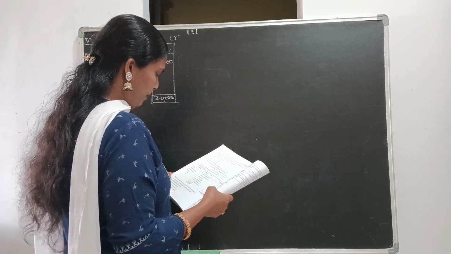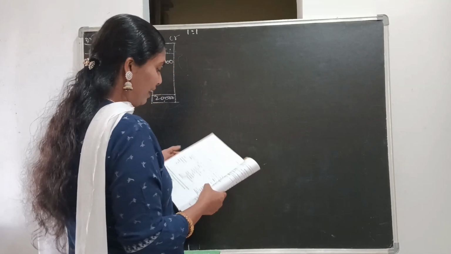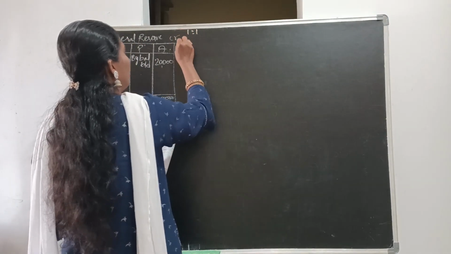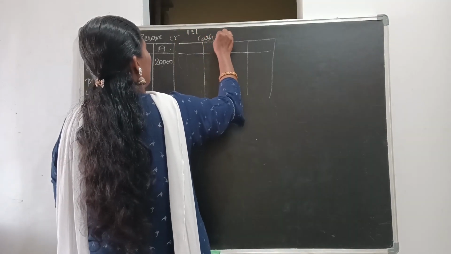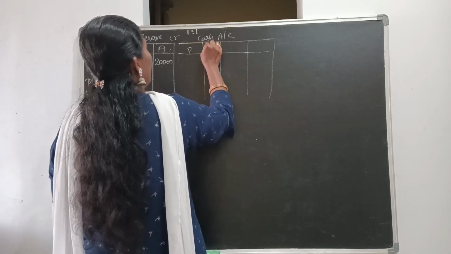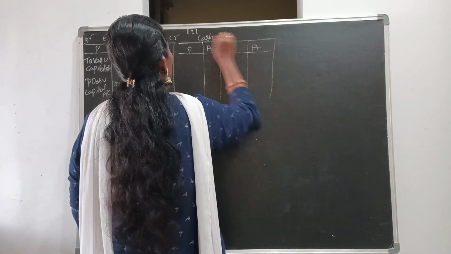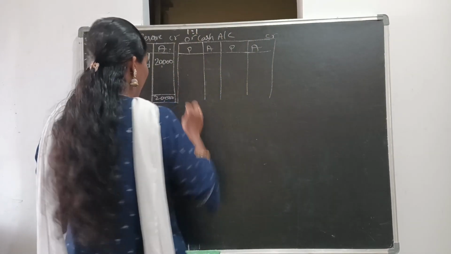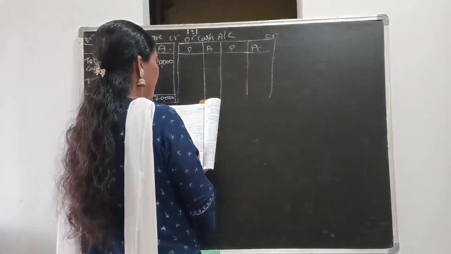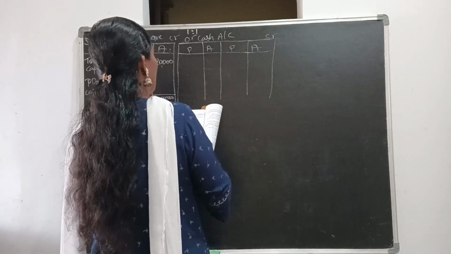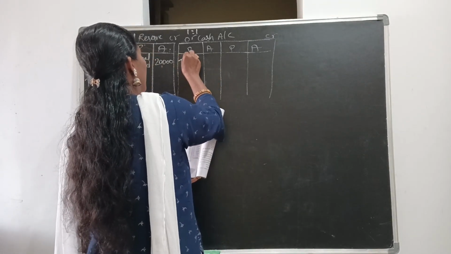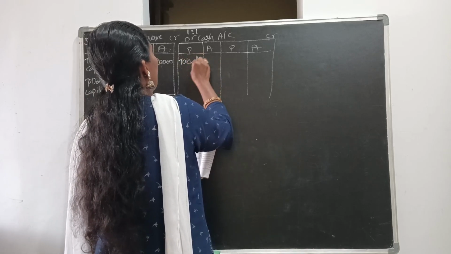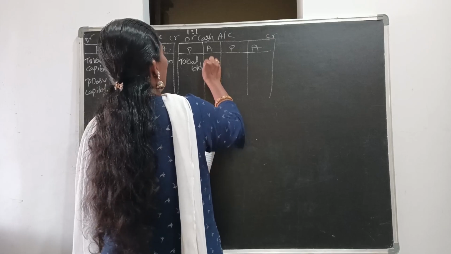Next, we'll prepare the cash account. Particulars, amount; this is the credit side and this is the debit side. What is the opening balance of cash? 15,000, so write down to balance brought down 15,000.